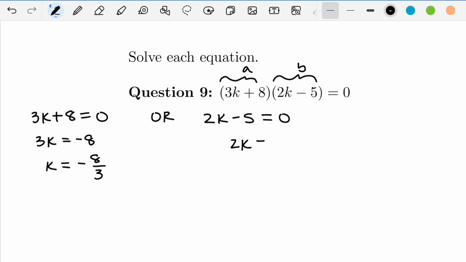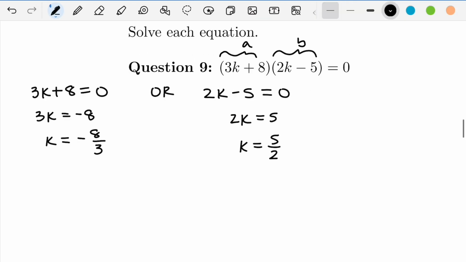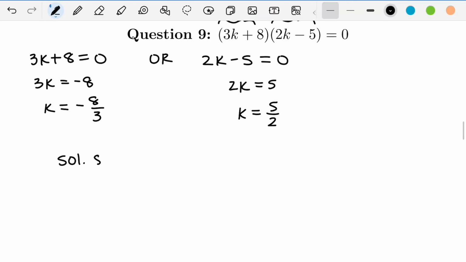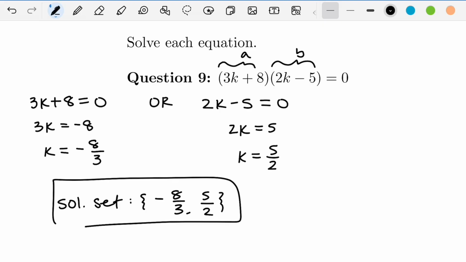So we're going to get 2k is equal to 5, and then we'll divide by 2 to get k completely alone. And so we get k is equal to 5 over 2. So this means this value of k will make this guy equal to 0. So we can conclude that our solution set in this case is going to be minus 8 thirds and then 5 over 2. And so that is our final answer for this question here.